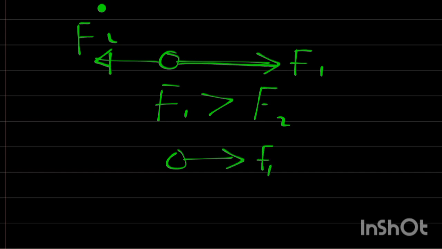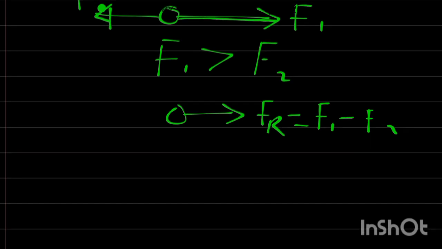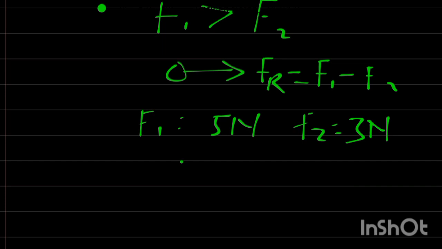That of F1. Because F2 is actually what? Reducing it. And our resultant force will be equal to what? F1 minus what? F2. Therefore, if F1 is equal to 5 Newton and then F2 is equal to 3 Newton, then we are going to have our resultant force is equal to what?